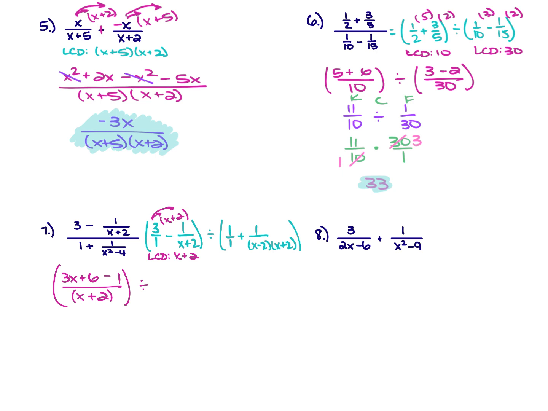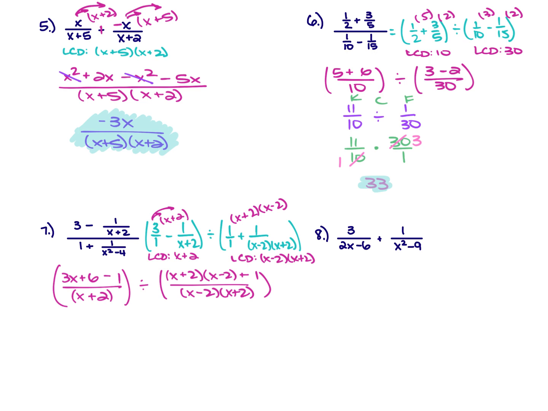For the second set of parentheses, your least common denominator is the x minus 2 times x plus 2. So we're going to do that on the top of the first fraction. That just becomes x plus 2 times x minus 2 plus 1 all over x minus 2 times x plus 2.